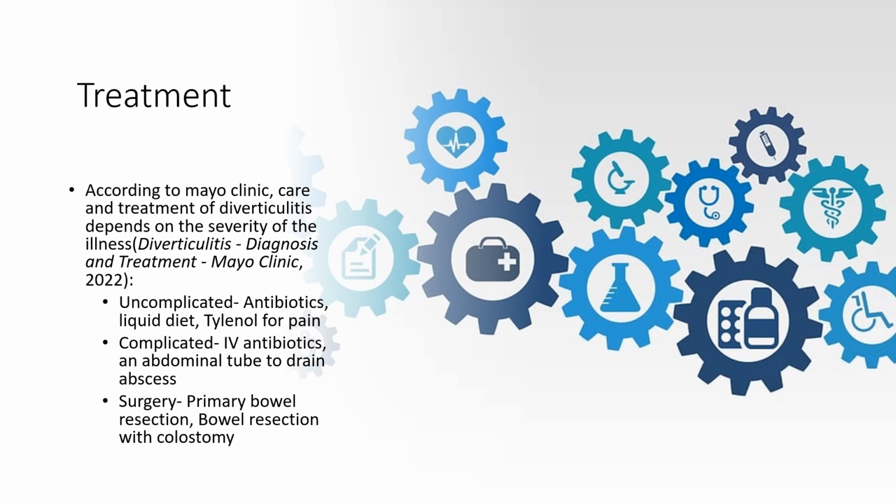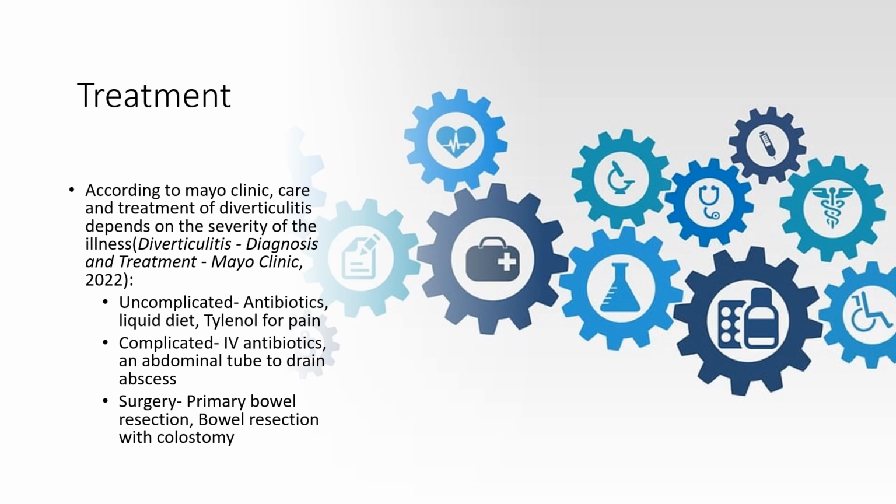You have to have IV antibiotics, and if any abscess were formed, an abdominal tube might be inserted to drain those abscesses. More severe cases, such as abscess, fistulas, and obstruction, or perforated bowel, may require surgery repair.